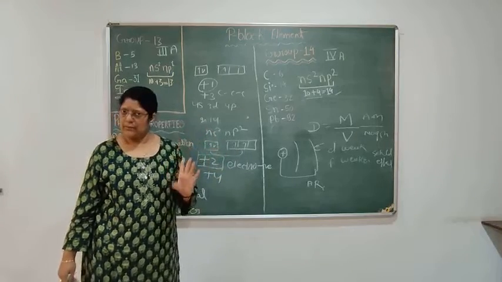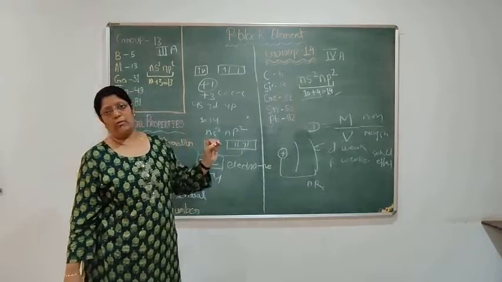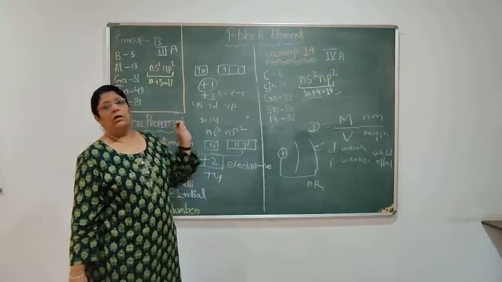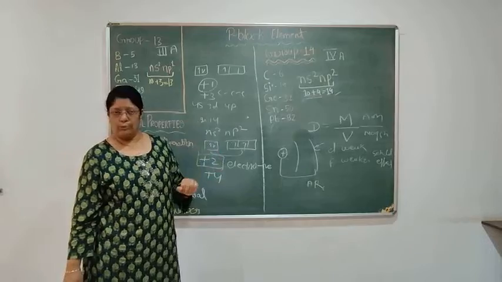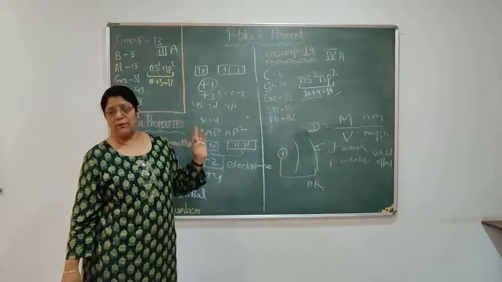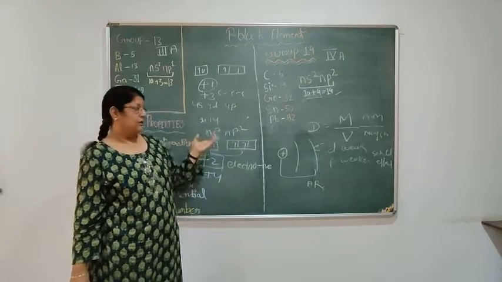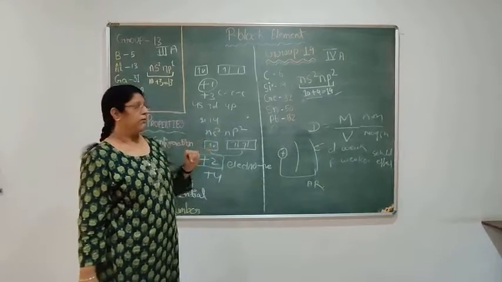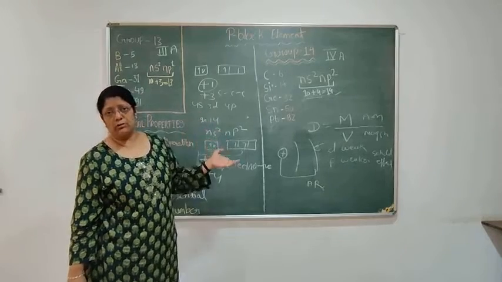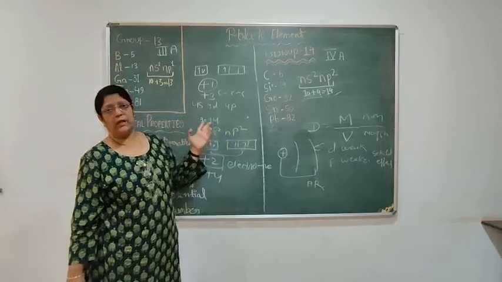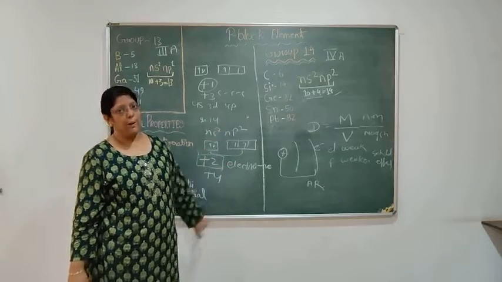In the carbon family, from carbon to lead, all show allotropy, especially carbon itself: charcoal, graphite, diamond, buckyball are the allotropes of carbon. Silicon is crystalline and non-crystalline. In the case of tin, alpha, beta and gamma tin are the allotropes.